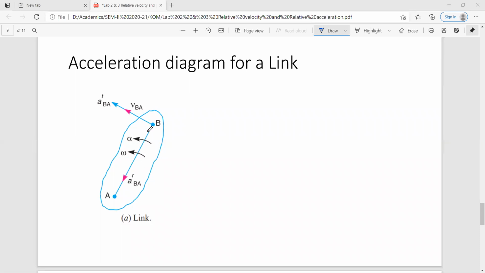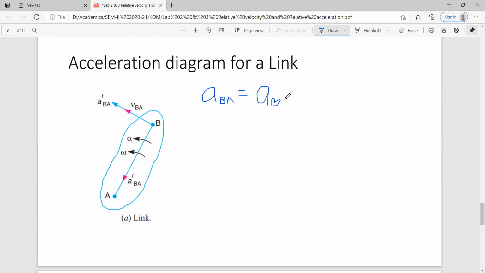Let us say that I want to find out the acceleration of point B with respect to point A. So I will write down acceleration of point B with respect to point A. I know already that this acceleration will have two components, because point B is rotating with respect to point A. Point A is center for point B. What are those?